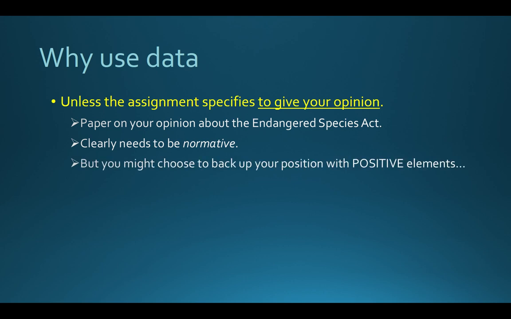But you might choose to back up your position with positive elements. So if I was really going to say, I think the Endangered Species Act is bad, or I think it's good, I need positive elements to back it up, like data. So maybe then I go into the positive elements in my normative paper. What are the estimates of costs of the Endangered Species Act?